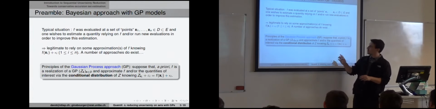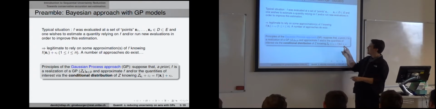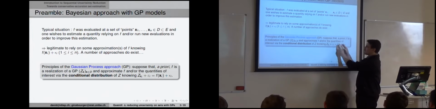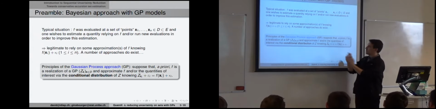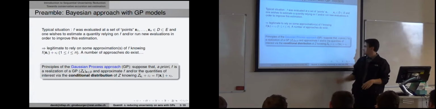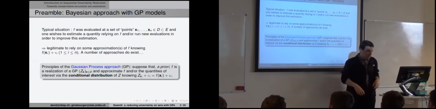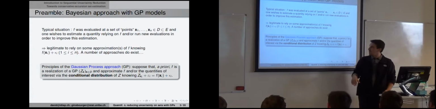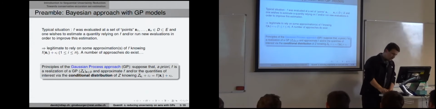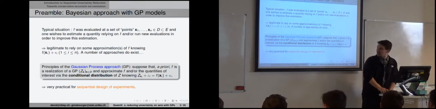So here, just like I think James was pointing out, we are precisely saying I have a random quantity that I'm fixing to a deterministic realization. Okay, so I'm saying this random variable is equal to the value of the function f at point x_i plus epsilon_i. Then you get a new process, which is a Gaussian process with a conditional distribution given these observations, and you can do a lot of fun stuff with that.